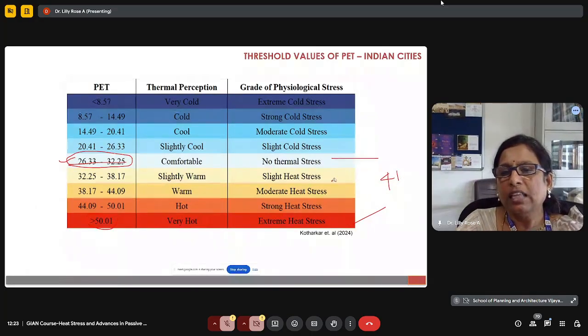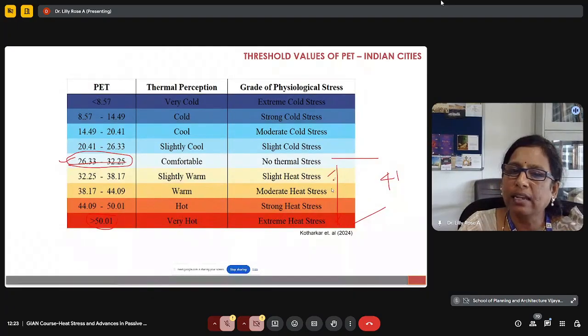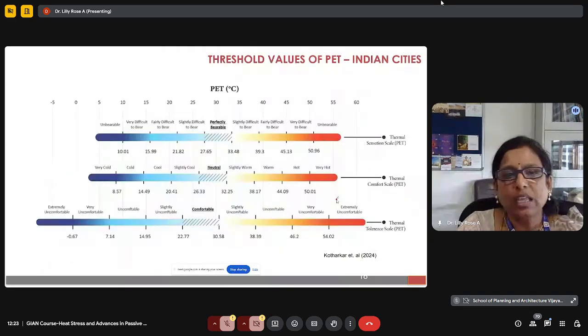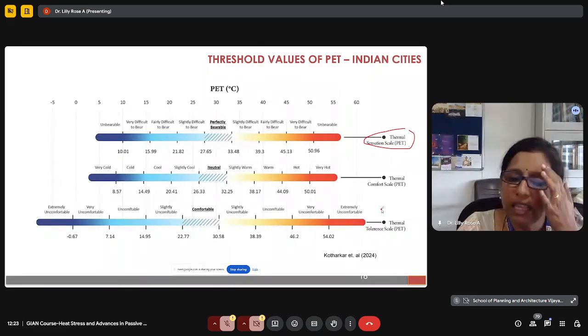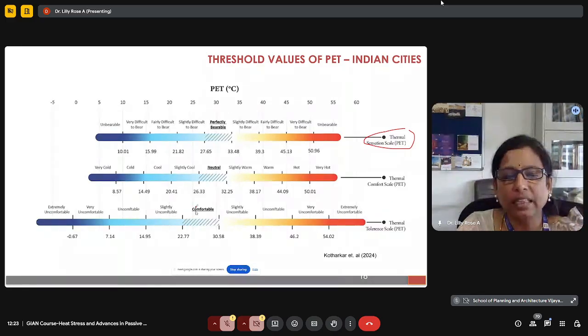So here, the heat stress varies from about 32 to 51 degrees. It is categorized into slight heat stress, moderate heat stress, and strong heat stress. Again, it varies based on the thermal sensation scale, thermal comfort scale, as well as thermal tolerance scale. Based on the number of points that you analyze, accordingly the ranges vary and differ.